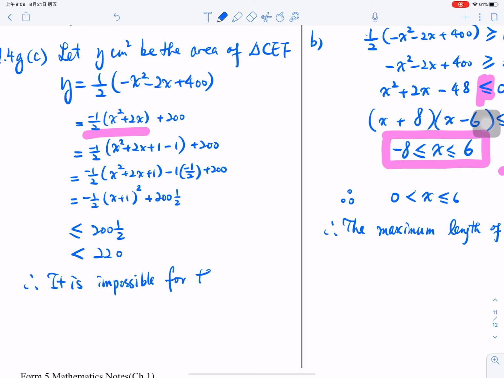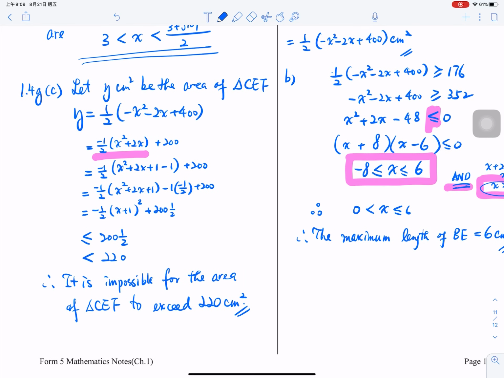for the area of triangle CEF to exceed 220 cm square. Understand? Okay. By completing square, okay, you can check the maximum value. A is negative, so this value is maximum, right?